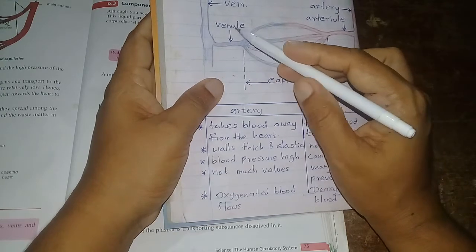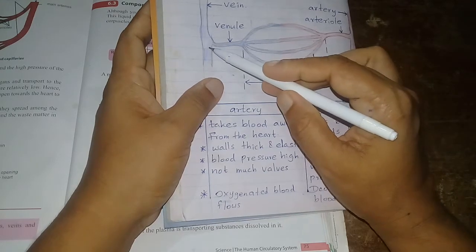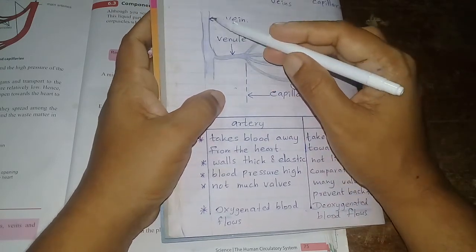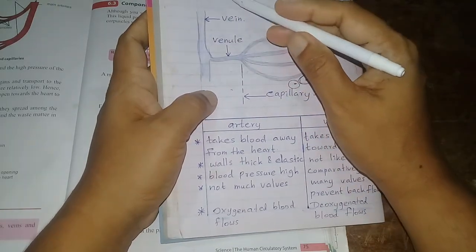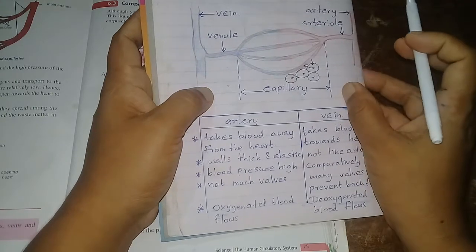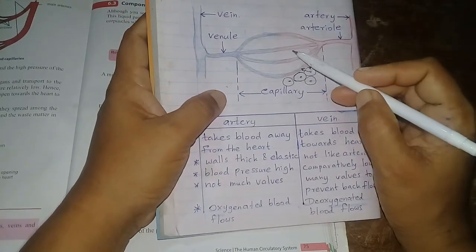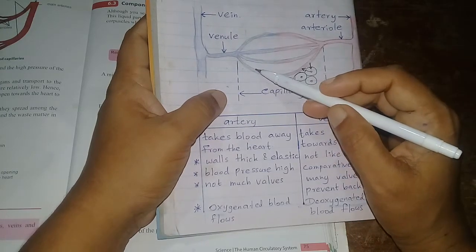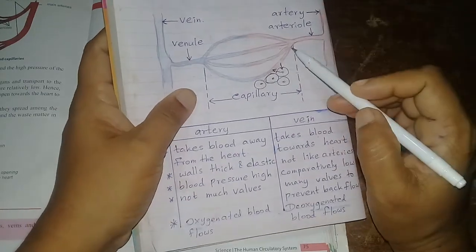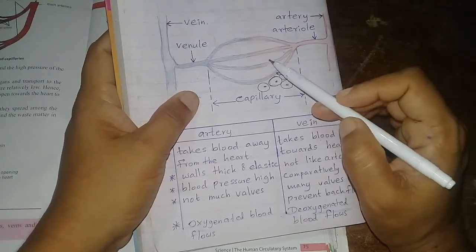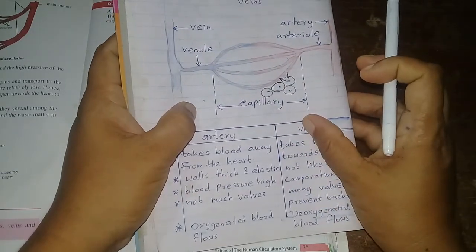The junction makes the venule. Then these venules connect to large veins, okay? Finally these veins take blood to the heart. Understood? I think you can understand it, right? So this is how the artery, arteriole, capillary, venules and veins are located. Right.